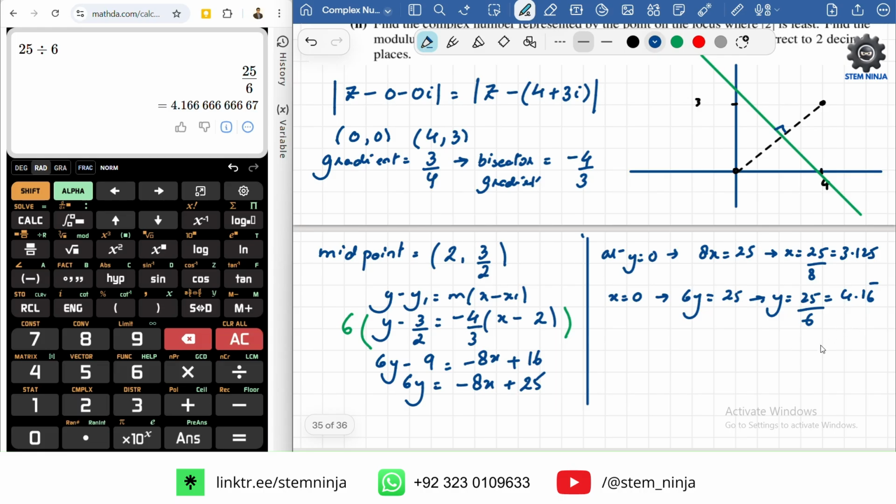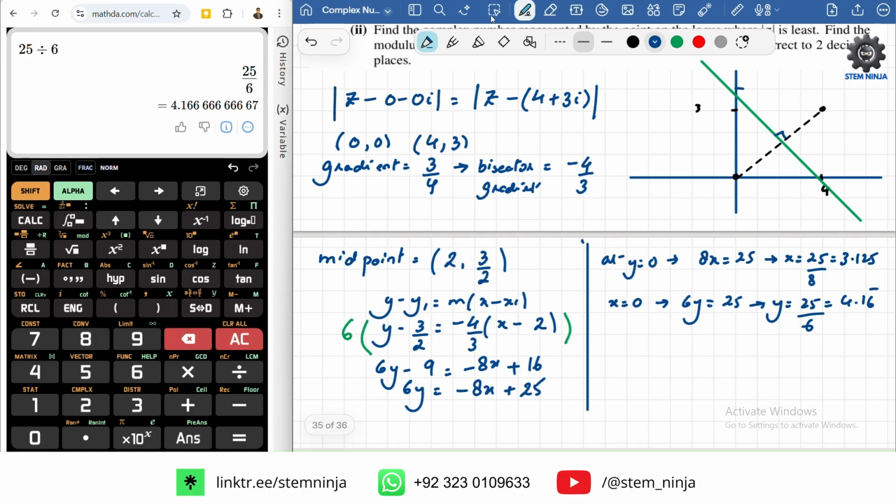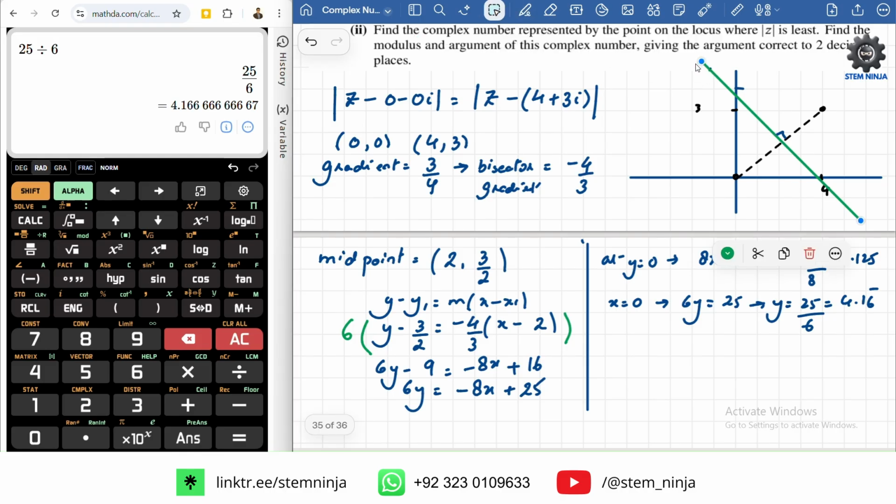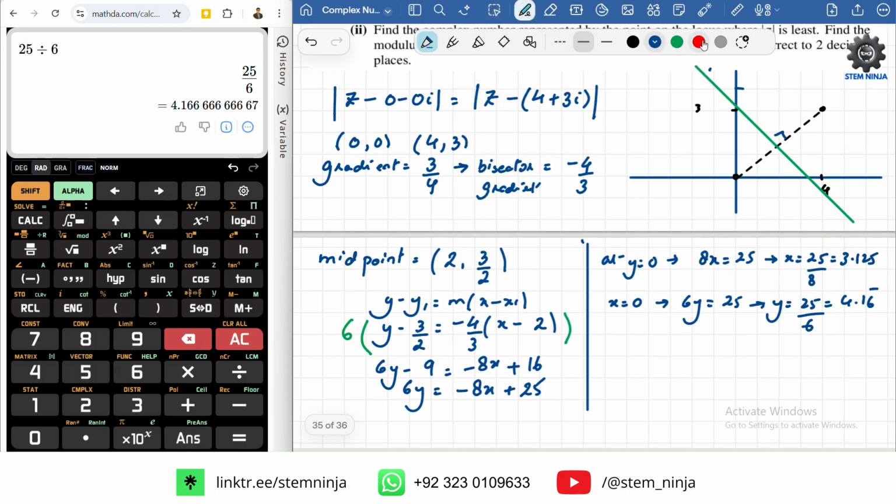Okay, so I think we can simply do that, with a minor adjustment needed to the graph. Slightly over here. The midpoint is (2, 3 by 2), somewhat over here. So you can mark out the coordinate axes also.